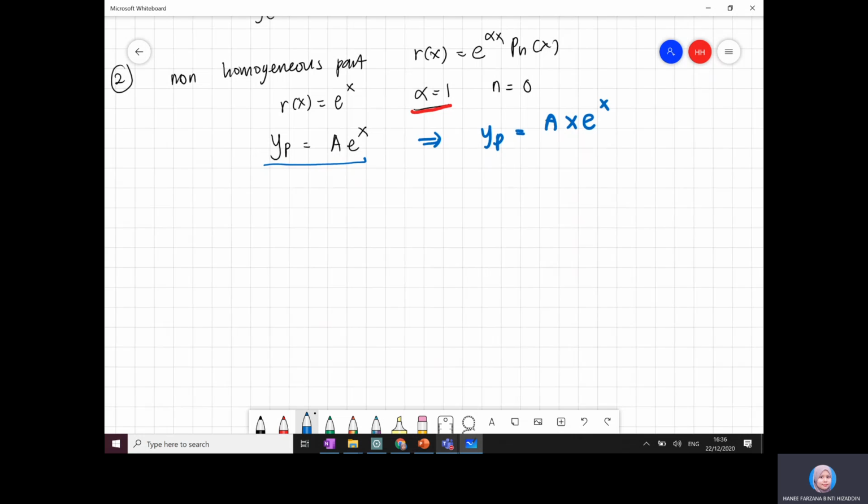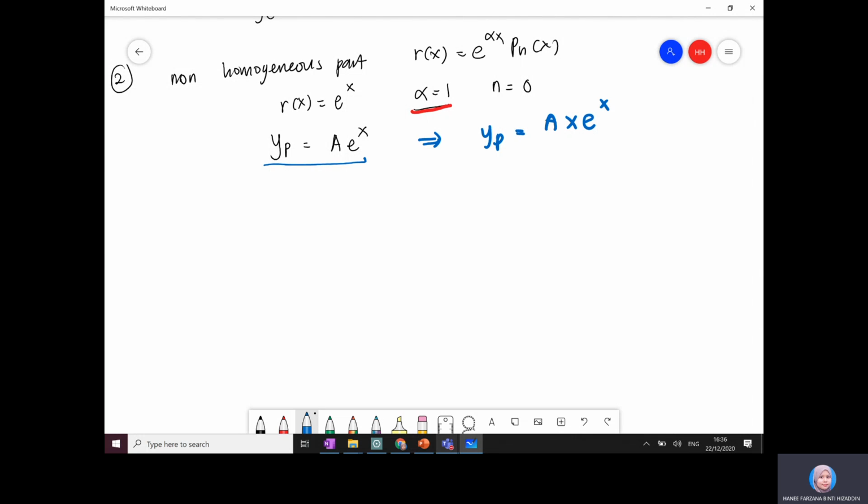Right, so next we're gonna solve for the coefficient of yp. The third step is to check whether yp and yc are linearly dependent or not, and we did that. So this is our new proposed yp. Now we're working on determining the coefficient. So we start with yp equals A x e^x.